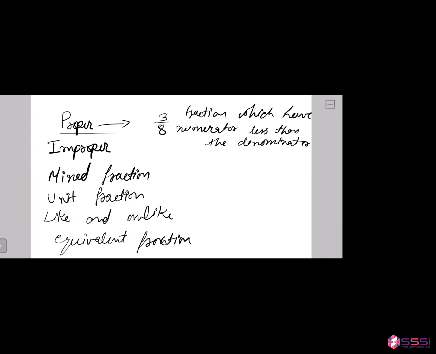Okay, give me more examples of it. Ma'am, 1/2, 6/10, 8/11. Okay, very good.